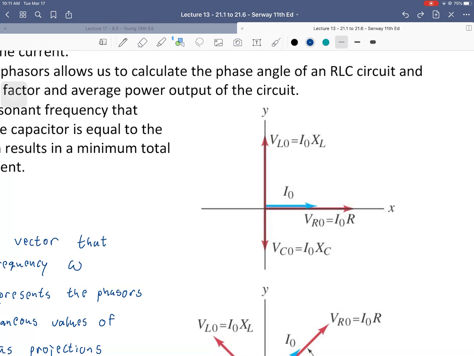So what I mean is this. If we look here, we have the voltage of the resistor, which is defined using Ohm's law as just IR. We notice right away that the voltage of the resistor is in phase with the current. So the voltage is in phase with the current.